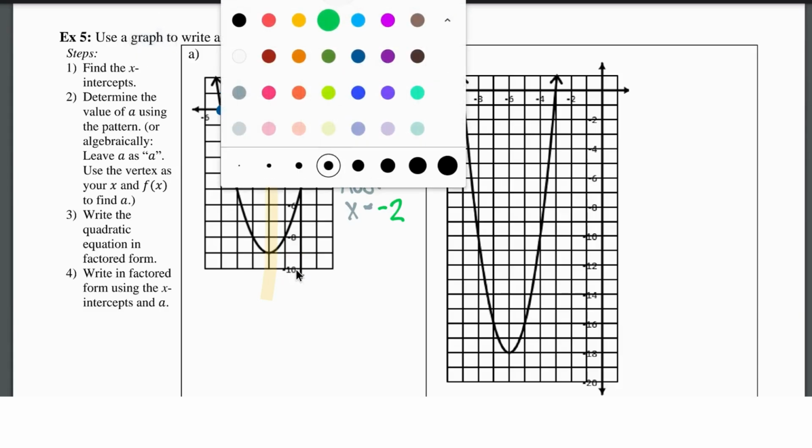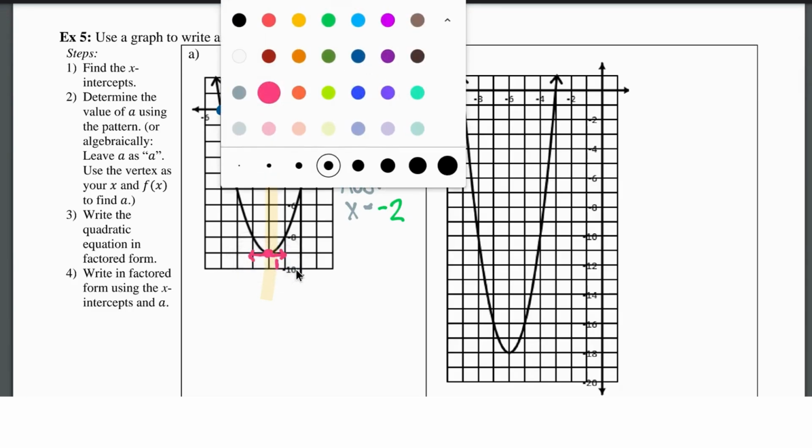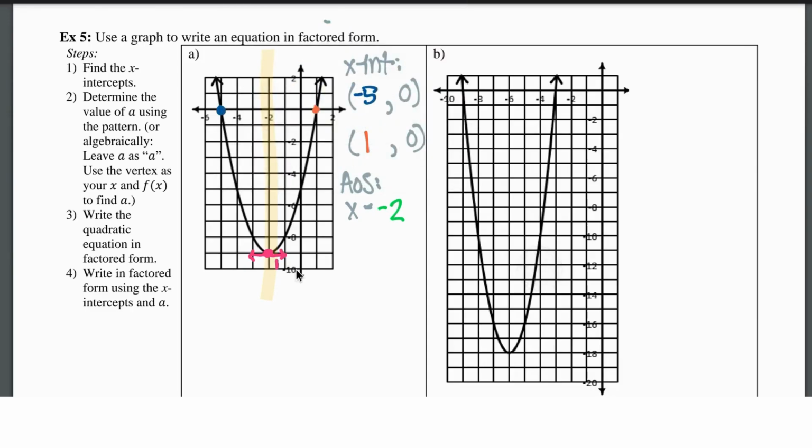Remember that if I look at my graph from that vertex and go out 1 in either direction, how far I need to go up or down to get to the next point on the graph, that tells me my a value. So notice that I'm just going up 1 to get to that next point.